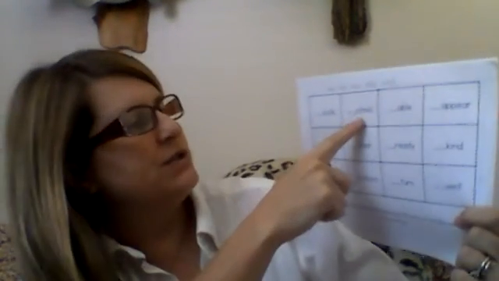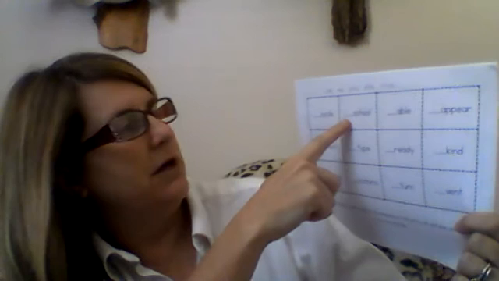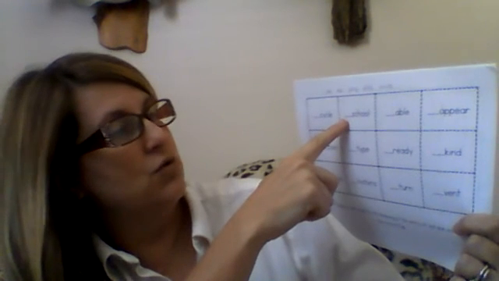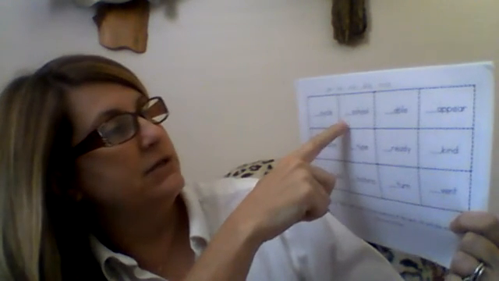The next one is school, unschool, reschool, preschool, disschool, misschool. I think you can figure that one out. Able, unable, reable, preable, disable, misable. Well, there are two that could work there.